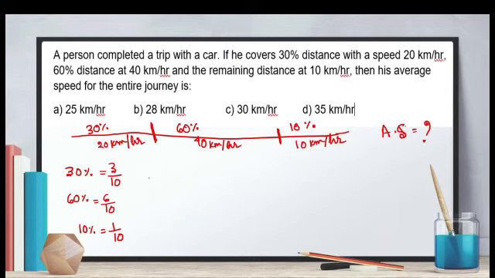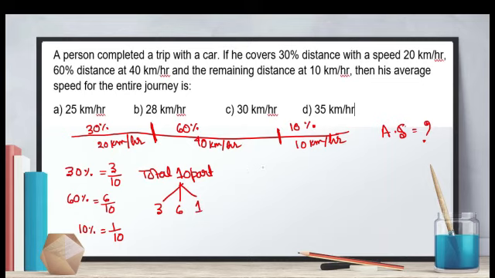So total part is 3 by 10, 6 upon 10, 1 upon 10. So total 10 part, and this 10 part is divided 3, 6, 1.